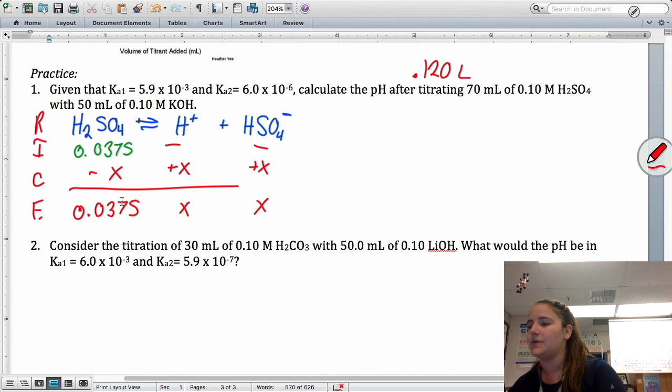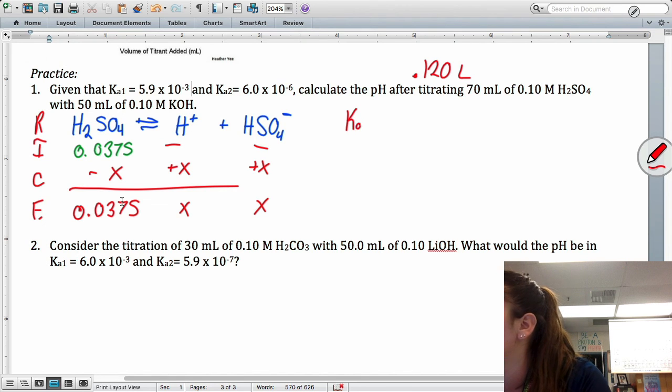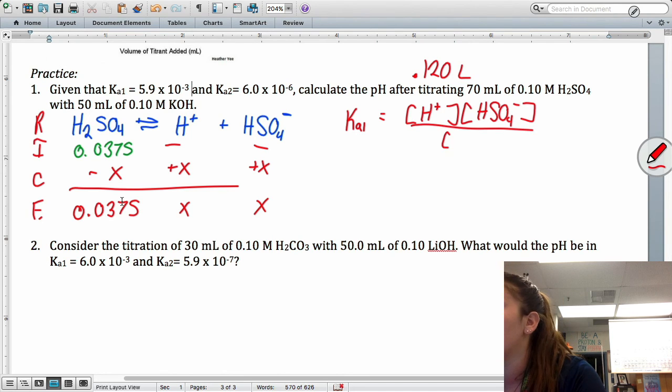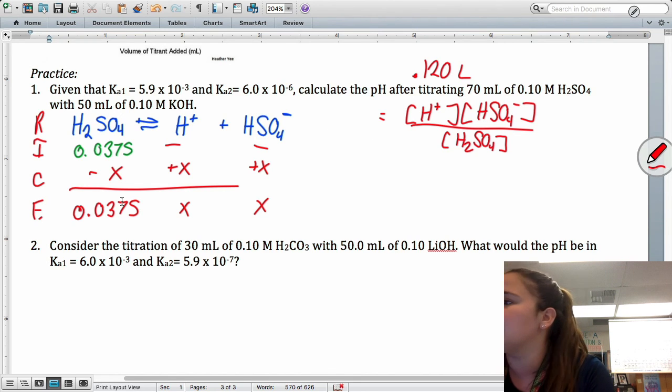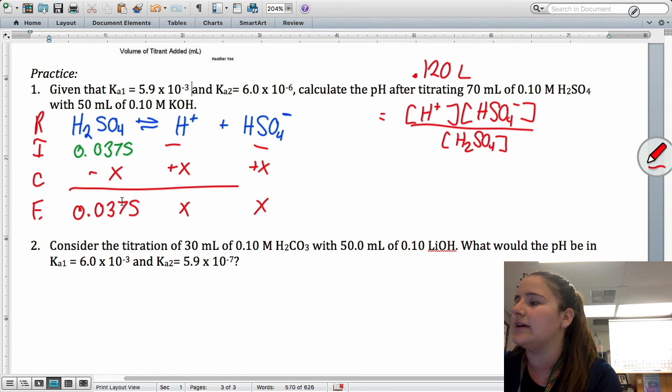We plug that into our Ka expression, and this is going to be Ka1 equals our concentration of H plus times our concentration of HSO4 minus over our concentration of H2SO4. Plug in our values. I'm going to save room because I can't write very small on here.